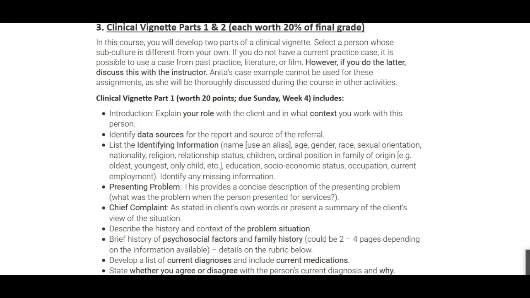List the identifying information. This paragraph is self-explanatory, but I do want to just add that you want to make sure that you're answering all of these parts. These are the demographic information parts. Of course, with name, don't use an actual patient's name, use an alias, and if there's information that you are not aware of. So for education, you might put, to the best of my knowledge, the patient completed 10th grade and at this time has not obtained a GED.